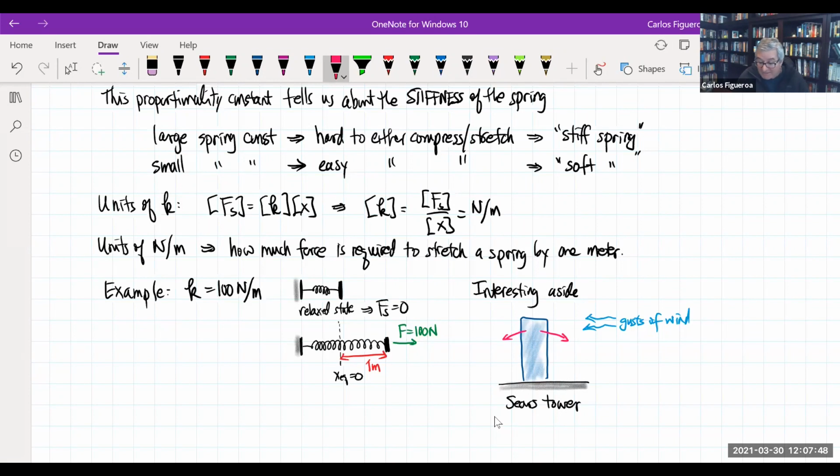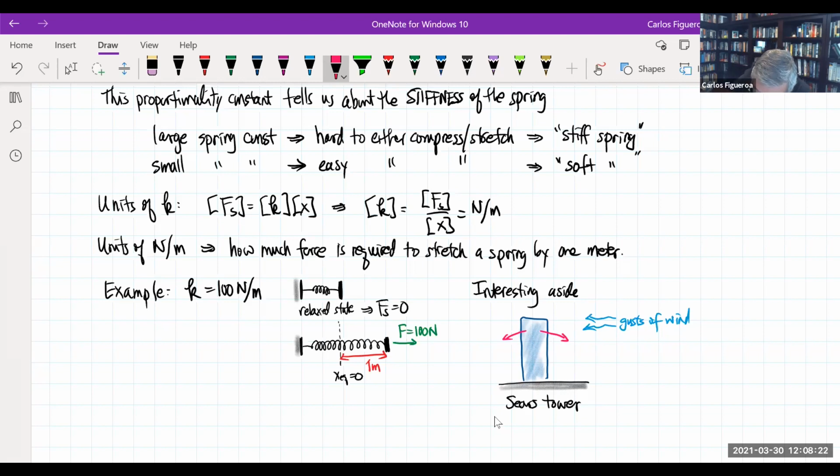Gosh, I wish I remembered the numbers. If I remember correctly, the Sears Tower at the top would displace something like 30 meters in a wind, where it would rock 30 meters to the left, and then it would come all the way to its equilibrium point, and then rock another 30 meters. Dude, that is huge. But compared to the size of the building, it's not that much.